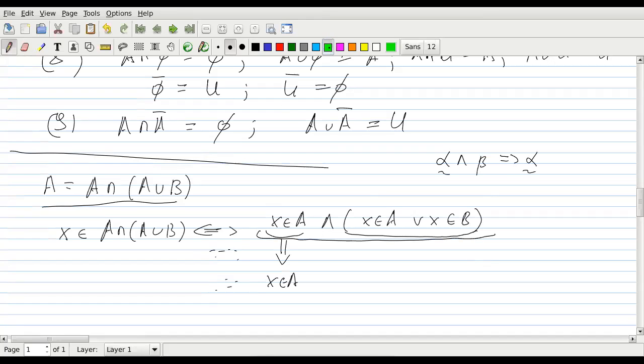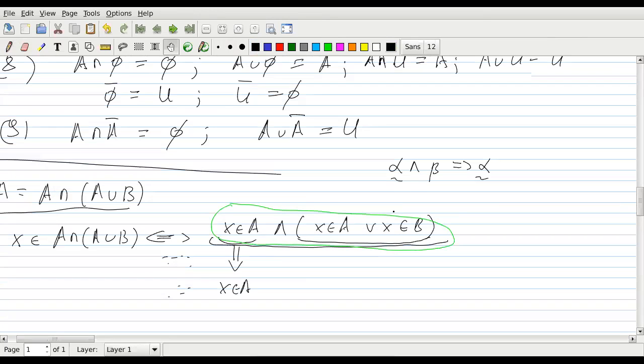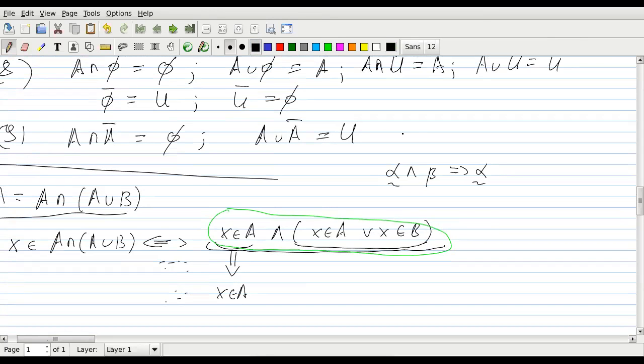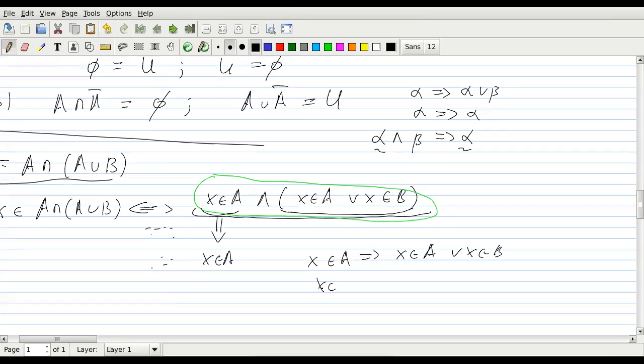And for the converse direction, you know that from alpha it follows that alpha or beta. And of course, from alpha it follows alpha. From this one, it follows that X is an element of A or X is an element of B, and of course it follows that X is an element of A. That means that from this one, it follows that both statements are true.